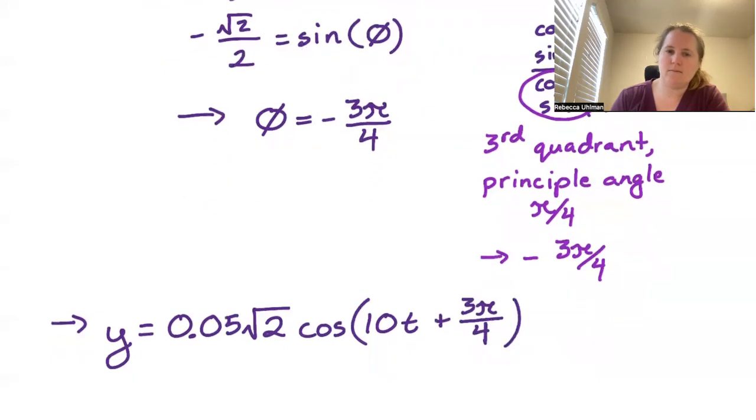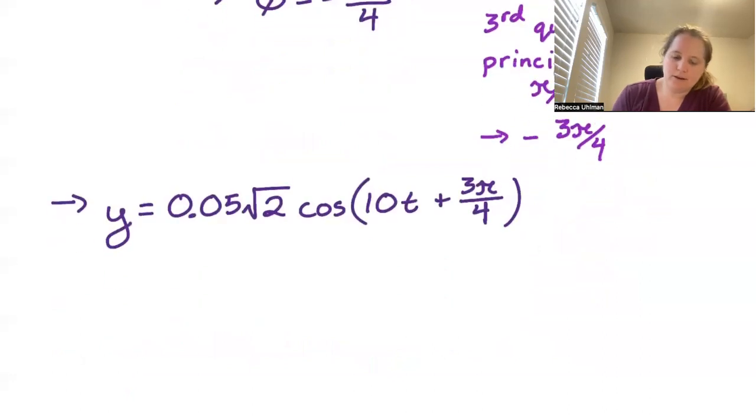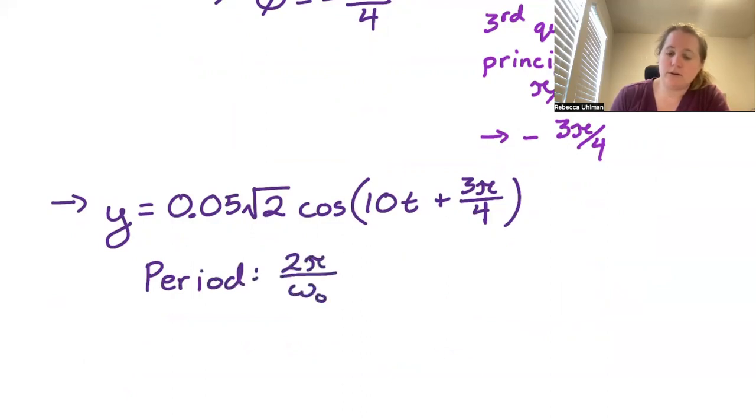Our period was 2 pi over omega naught. So we are looking at 2 pi over 10, or pi over 5.